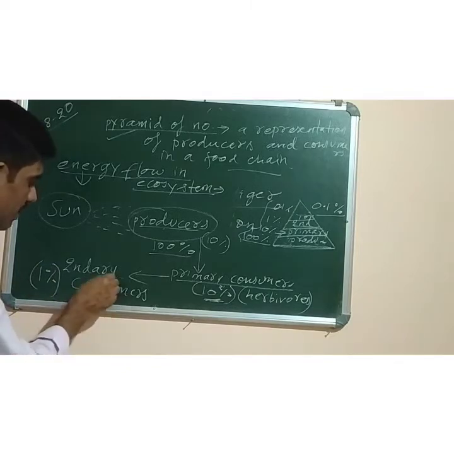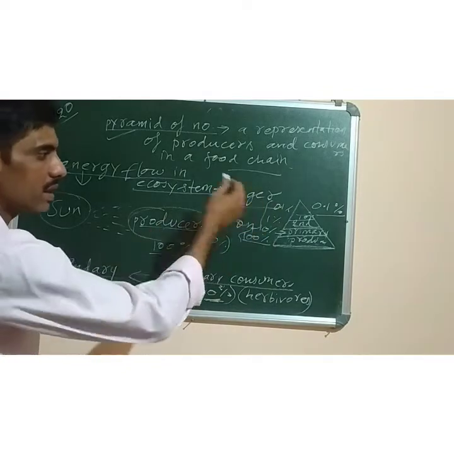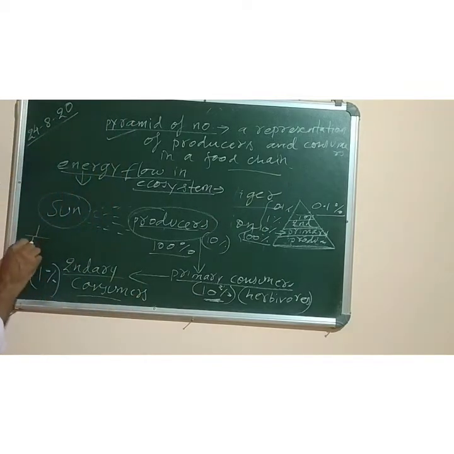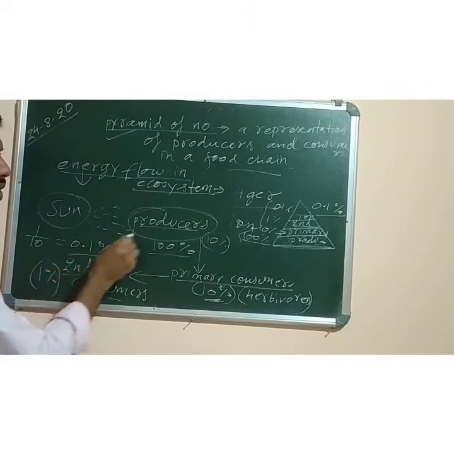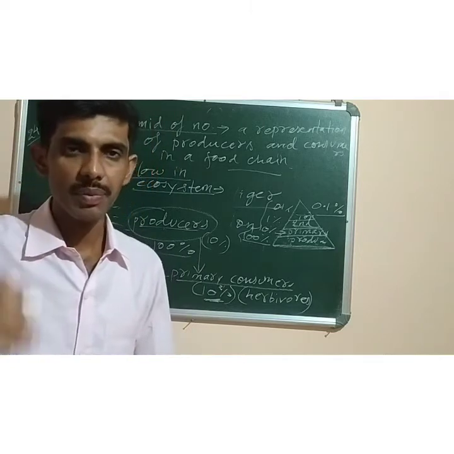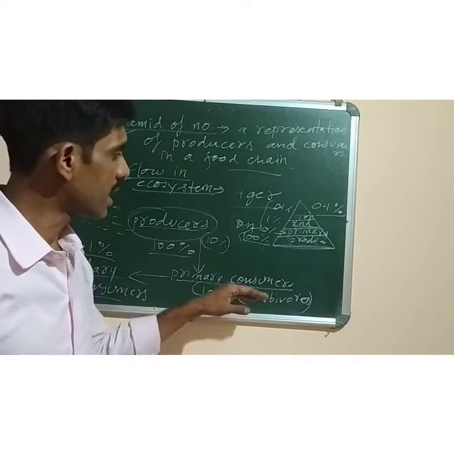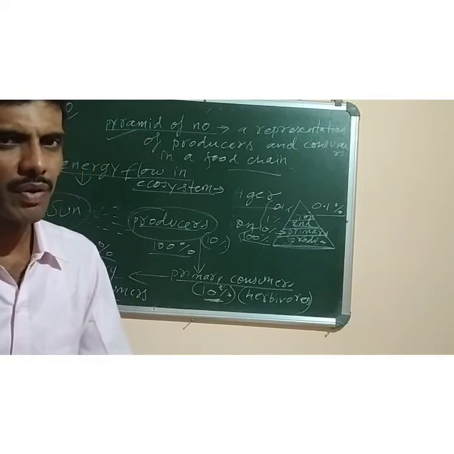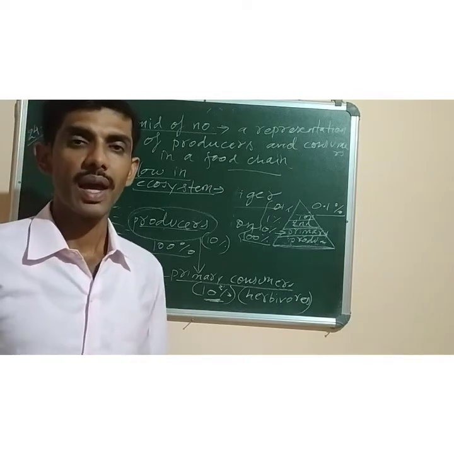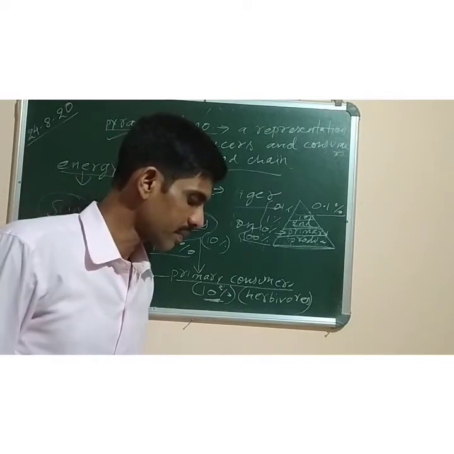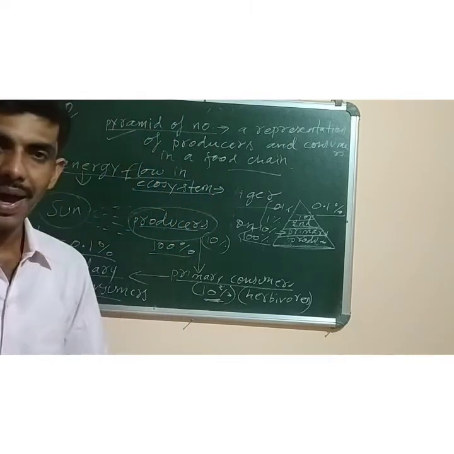Similarly, when these secondary consumers are eaten by the tertiary consumers, 10% of 1, that is 1 by 10, that is equal to 0.1% of the energy is only there with the tertiary consumers. As we go higher up in the pyramid, the energy decreases when energy is transferred. And finally we find that there is no energy left to be transferred from one place to the other. So you can draw this diagram as homework.